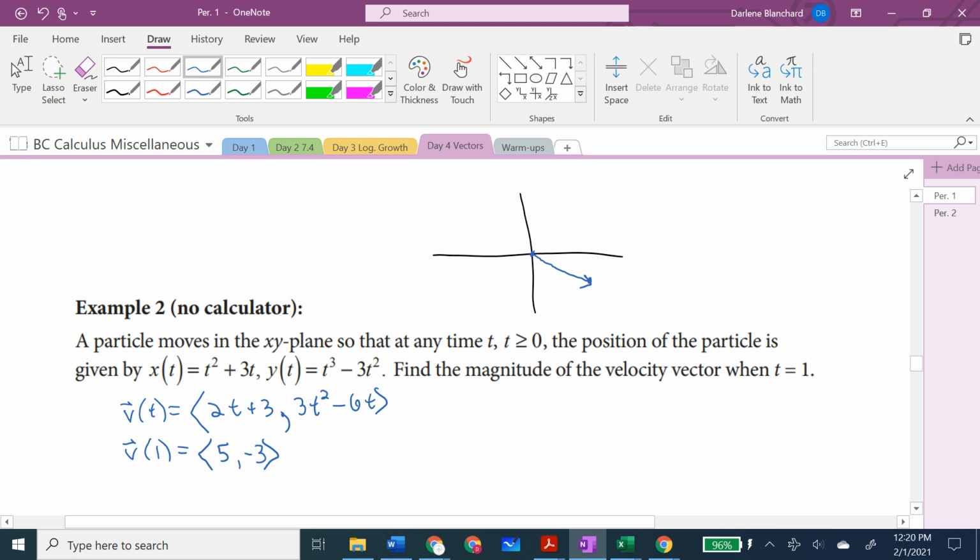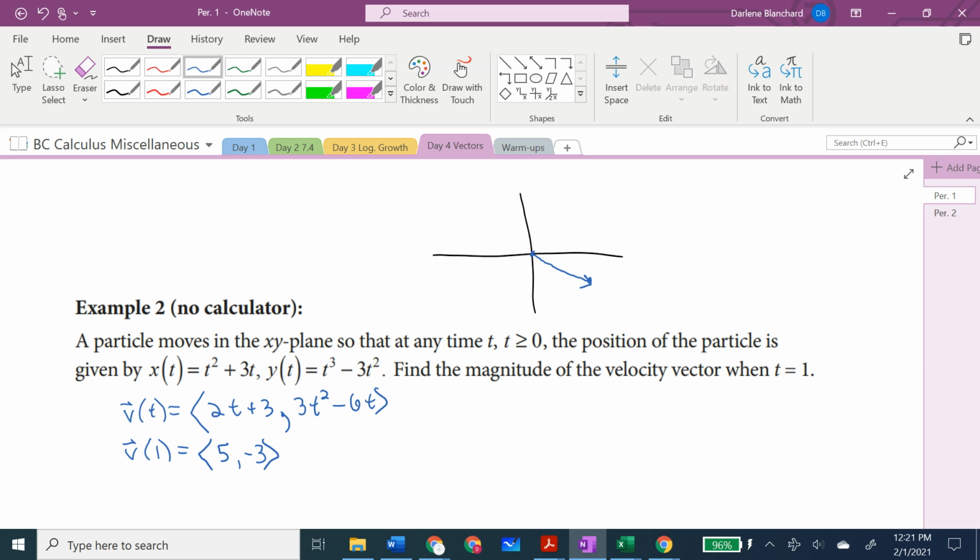Often when a velocity vector is drawn, it is drawn on the position graph to show I'm located here and I'm moving in this particular direction. However, that does not change the magnitude or the direction of this vector.